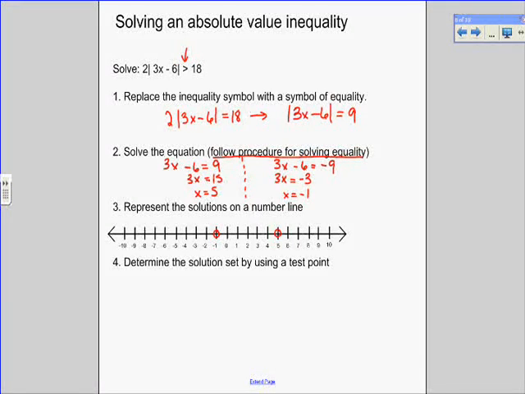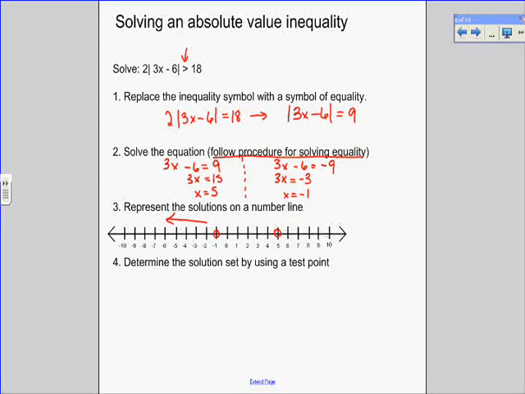What we want to do is pick any value that's in between these 2 points, to see if it makes our inequality true. If it makes it true, I know my solution falls between those 2 points. If it's untrue, I know that my solution is on either side of the points.